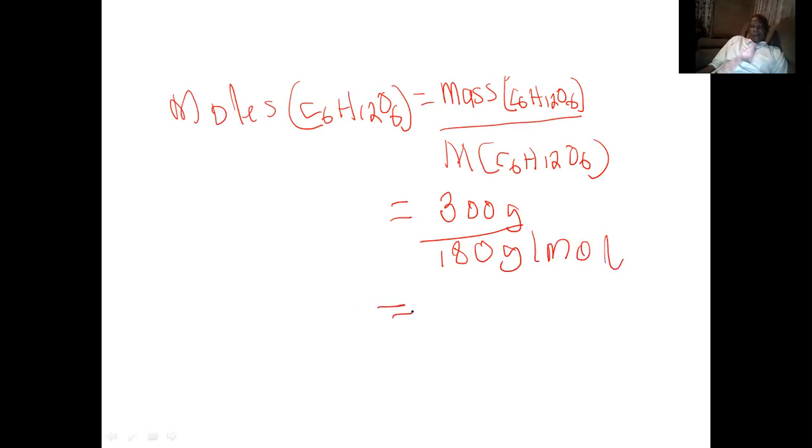And therefore, what we get is 1.67 moles. So these are the number of moles for glucose.